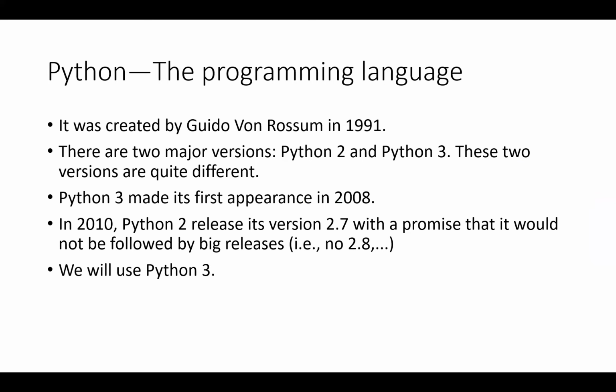this is not very relevant here because now every version of Python is Python 3. So a few years ago, there were two groups of Python, Python 2 and Python 3.